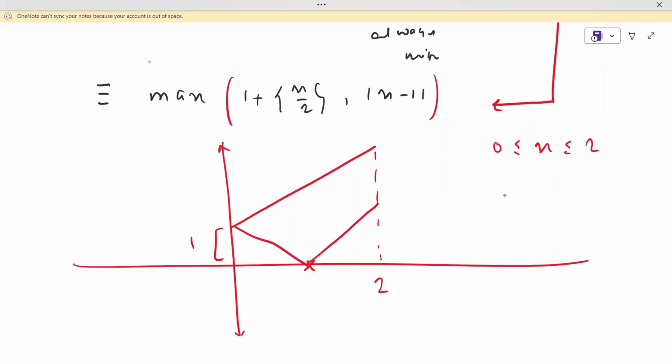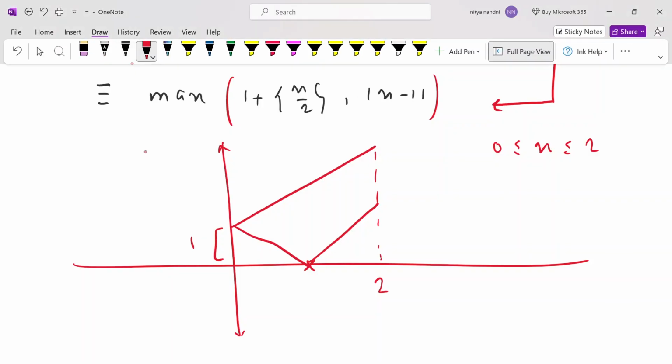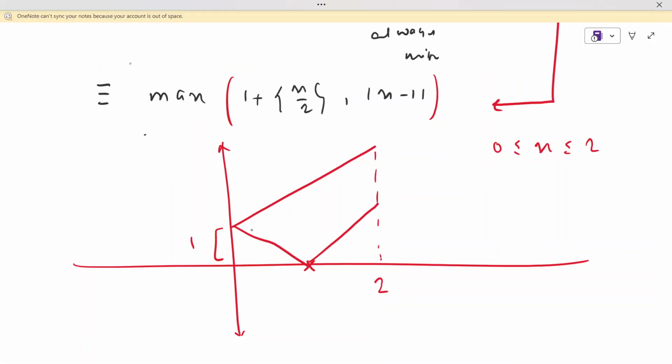We have to take the maximum from this one. So this is always greater than this particular value, isn't it? Because between 0 and 2, this always changes from 0 to 1 in value. Okay, sure, thinking for sure, this particular value.